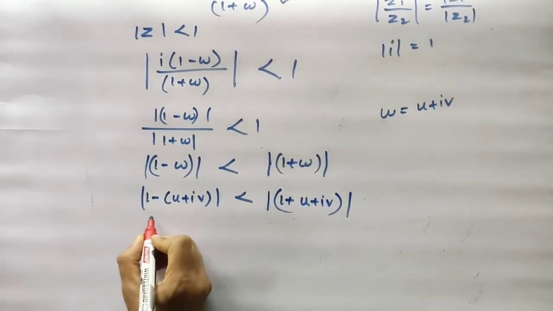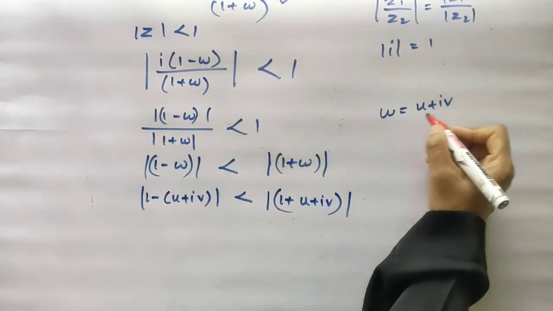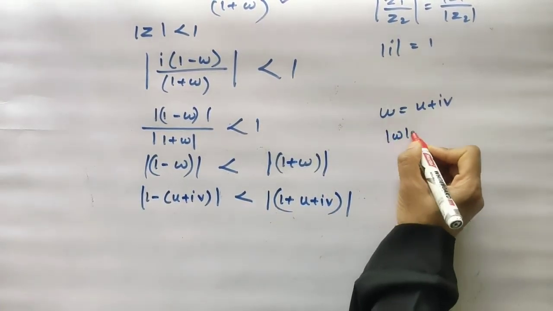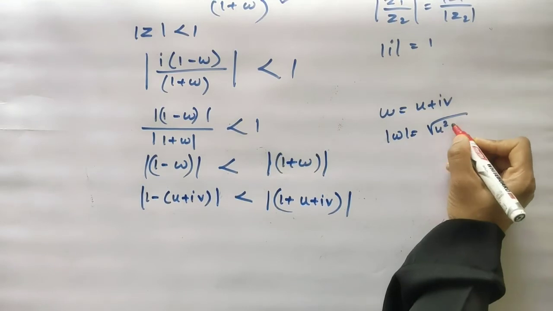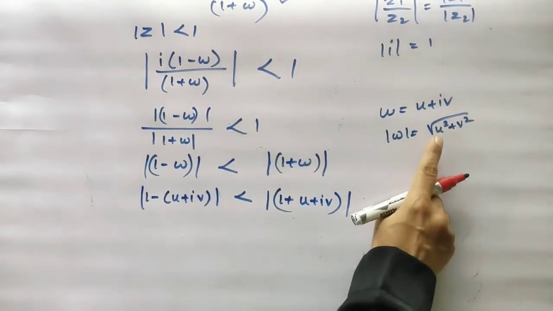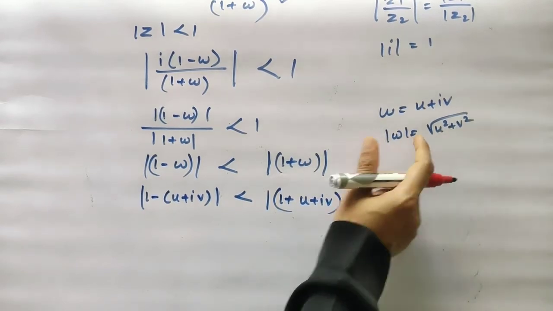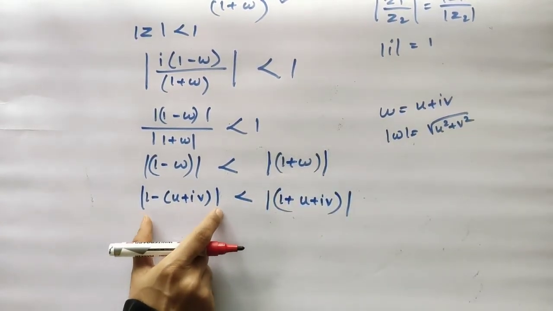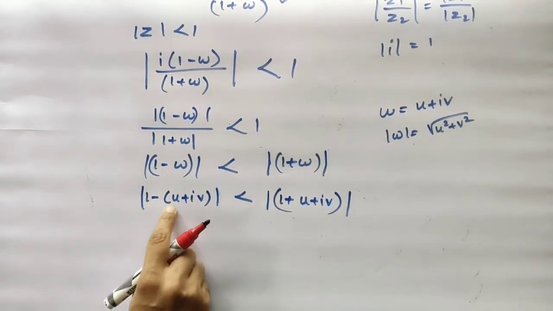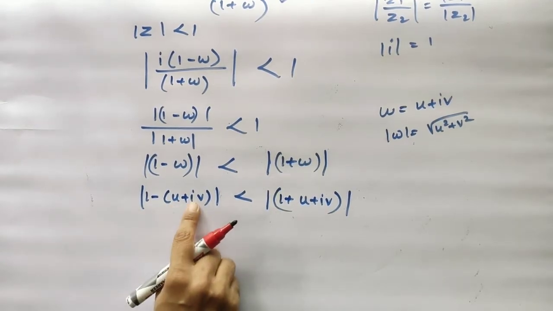If w is equal to u plus iv, mod w is root of u square plus v square, right? The real part squared plus the imaginary part squared, its root, that gives you mod. So here we have to work out the mod of this quantity. The real part is 1 minus u, imaginary part is minus v.